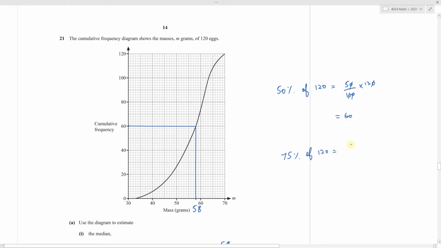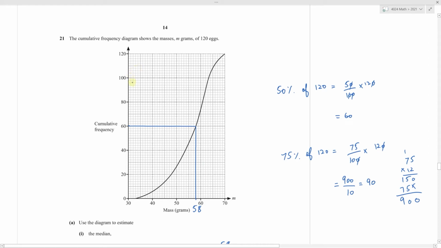So 75% of 120 will be 75 over 100 times 120. Zeros cancel out. 75 times 12. 5 twos are 10, 1 carry, 14, 15, 5 and 7. So 0, 10, 1 carry, 9. So 900 divided by 10, which is 90.